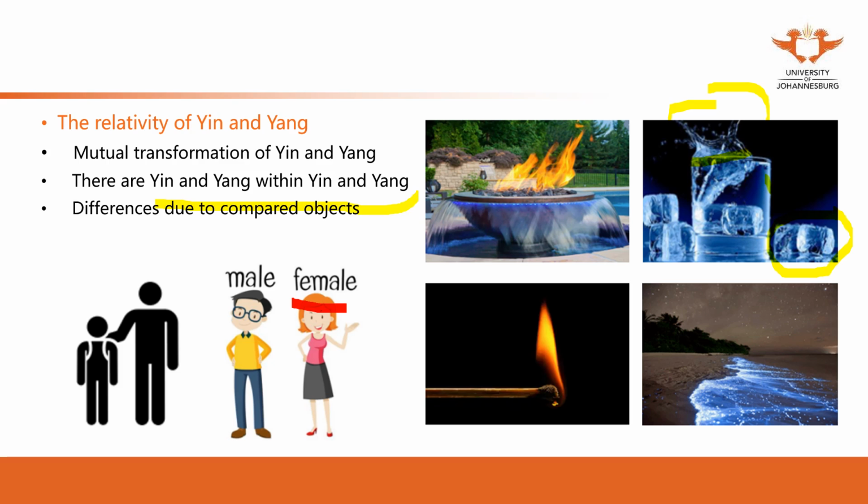Yin yang within yin yang. How do you know, or why do you think about yin yang within yin yang? Is it a common law in the world? For example, when you see this flame from a match, the fire, can you see something here? It's the dark part. So from this point of view, we say that there is a dark part in the bright part.